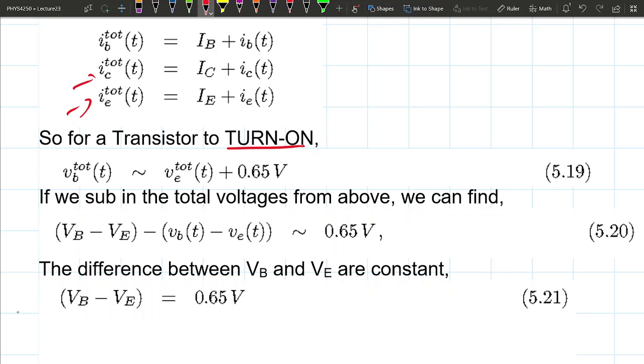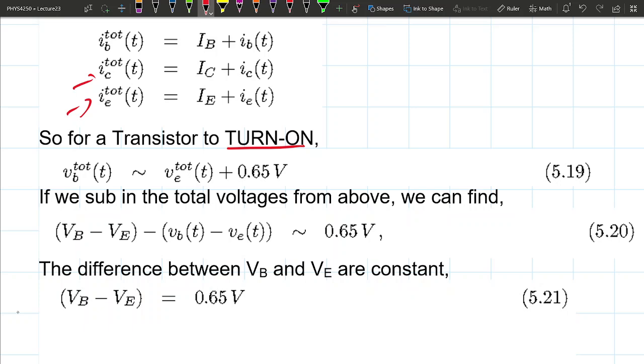That's rule number 1. So whatever the voltage at the base is, it has to be whatever the emitter voltage is plus 0.65 volts. It's just a fact in order for you to turn on that transistor. Otherwise, it'll just shut off and nothing will happen.